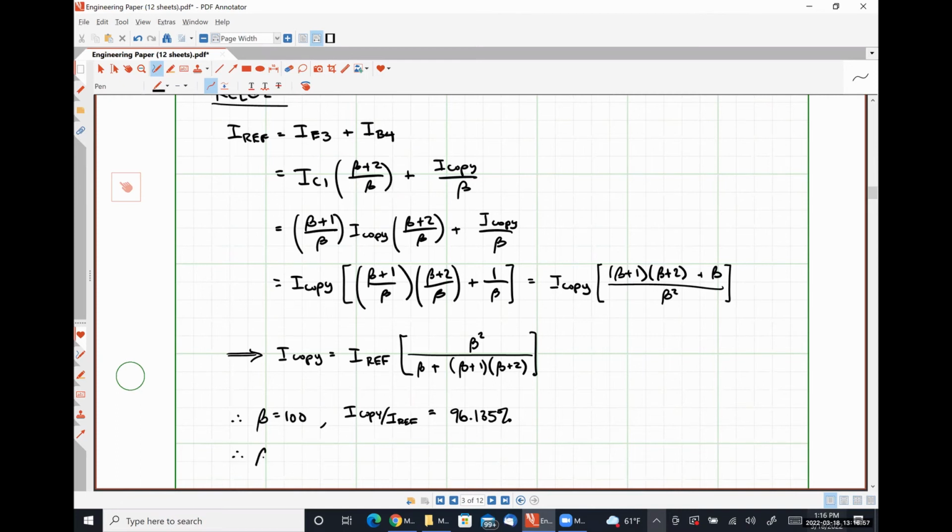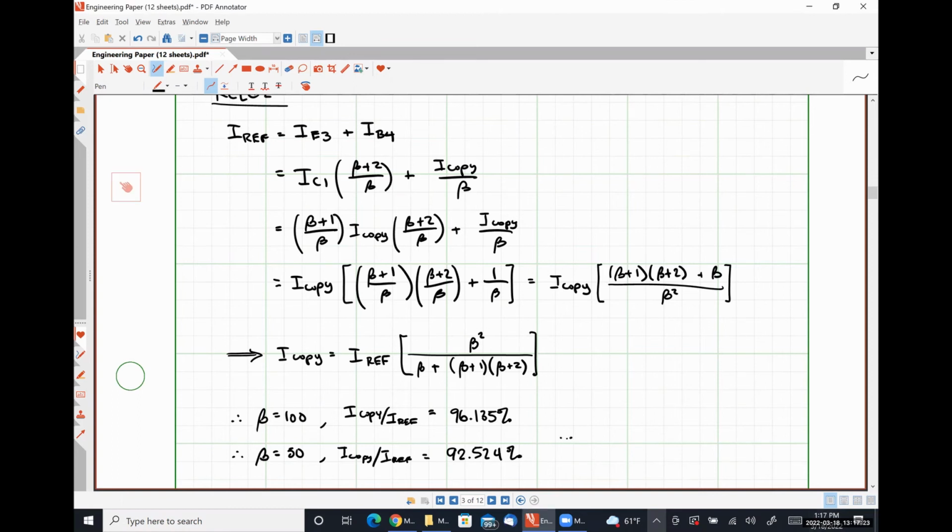When beta is equal to 50, I copy over IREF comes out to be 92.524%. So an appreciable reduction of about 3.5%.